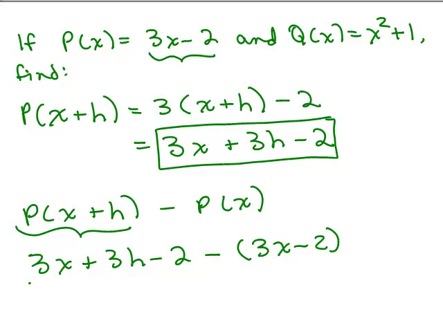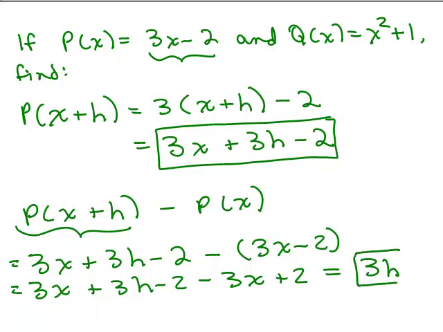So this gives me 3x plus 3h minus 2. And what's going to happen over here? Minus 3x and a plus 2. Now when you combine the like terms here, you end up with simply a 3h.